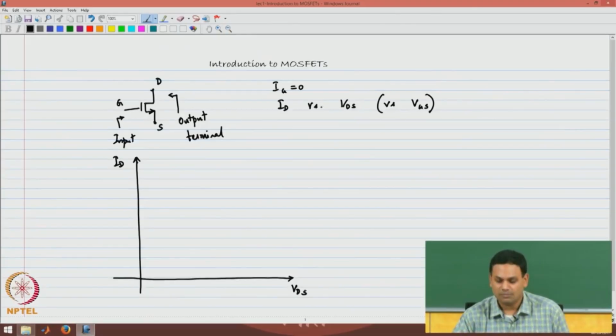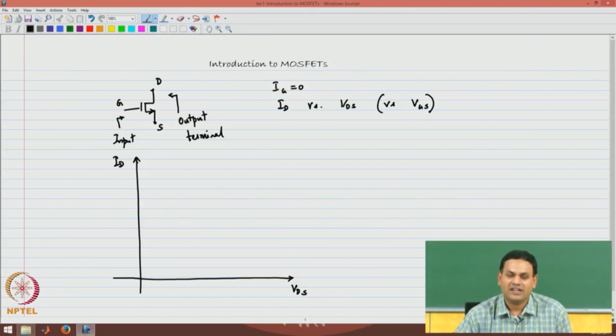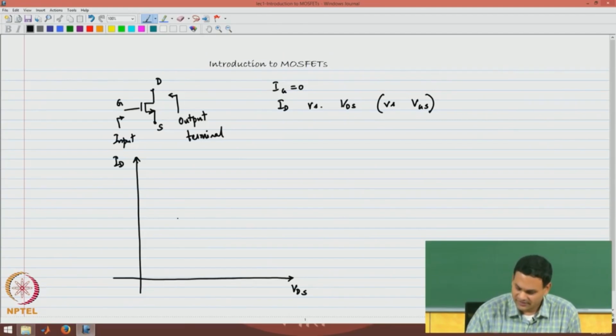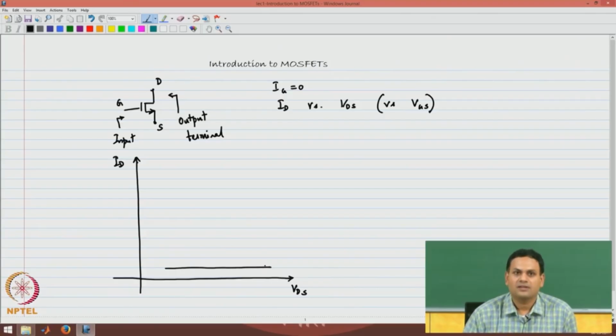So, this is your basic plot, and just a reminder that for good amplification, to create a good amplifier using this MOSFET, you want the drain current to be a function of the gate source voltage only, and it should not change with drain source voltage, and therefore, what you desire is straight lines parallel to the x axis.